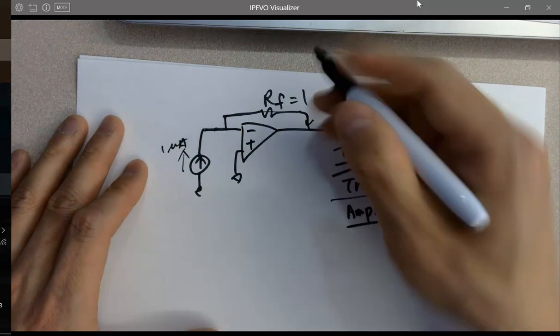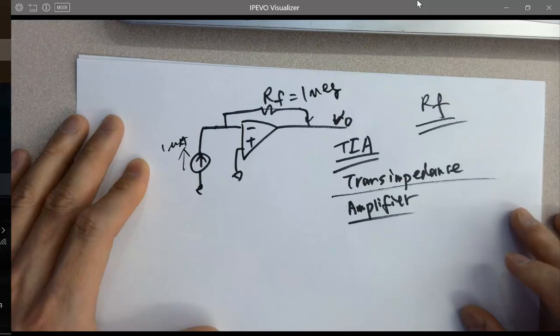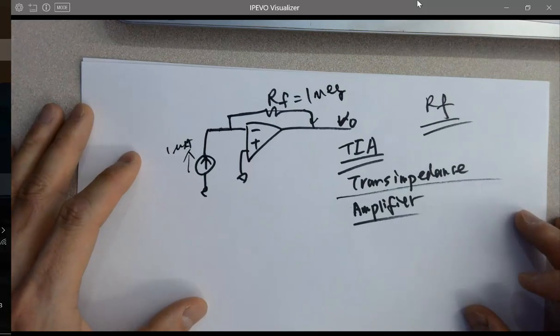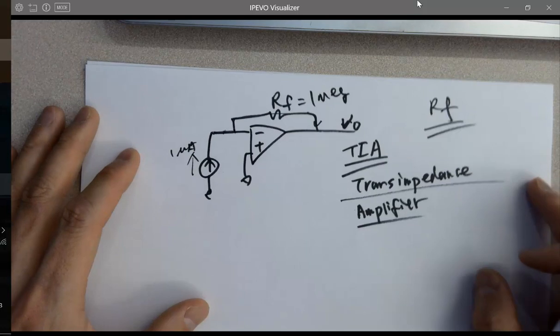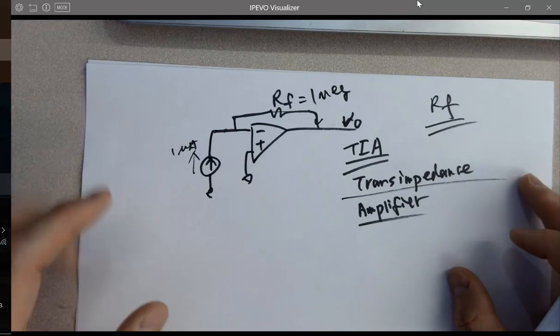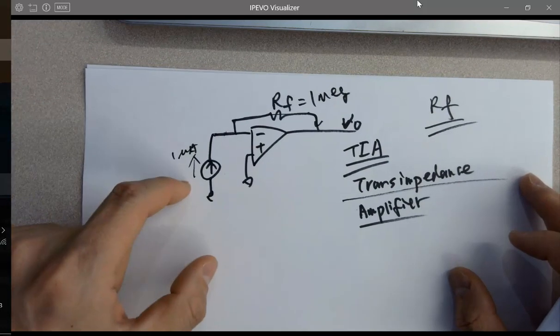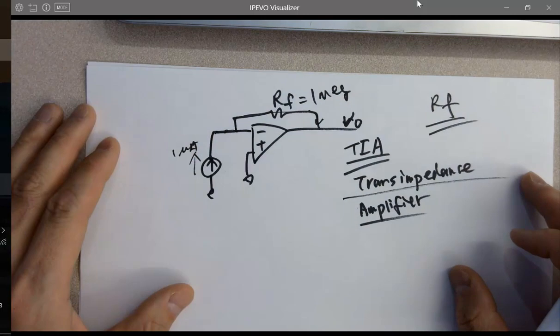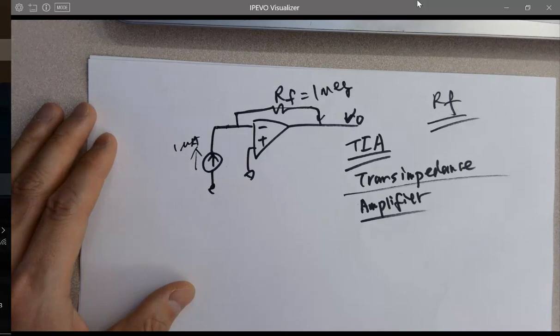So what if I have 1 mega ohms? It's a real-world resistance. When you amplify the photocurrent from a pixel, you actually use 1 mega ohms a lot of times. So how much is the gain for this TIA?